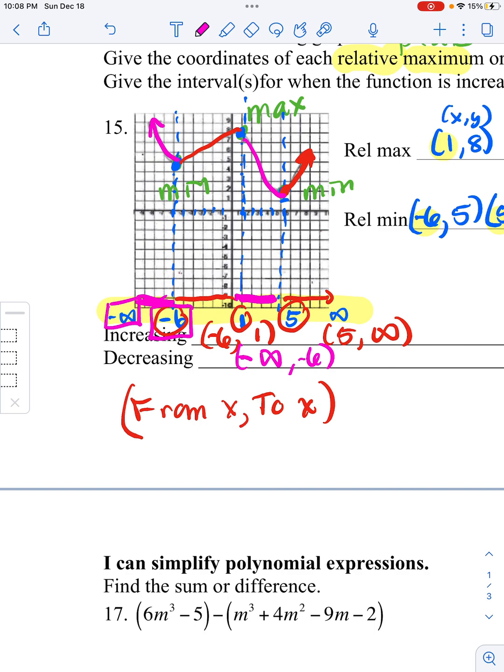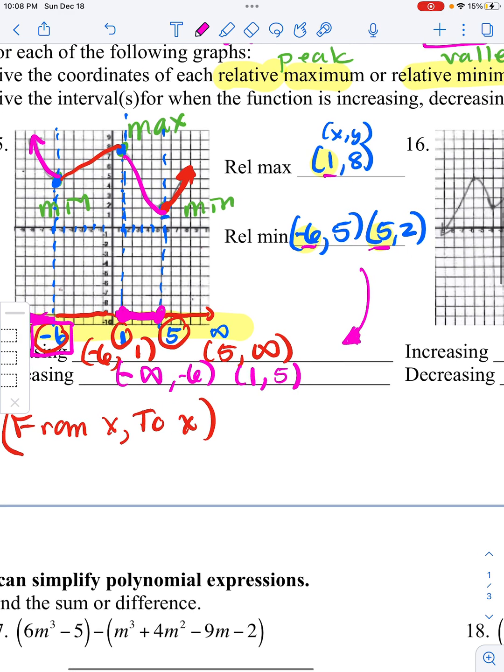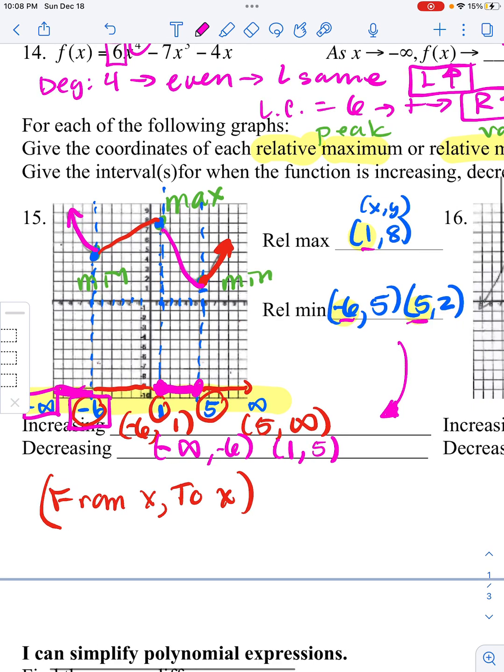And this next pink part is from here to here, which is from an x value of 1 to an x value of 5. So I look back up here, 1, -6, and 5. Those are the only numbers I can use down here in addition to plus minus infinity. So that is what I did.